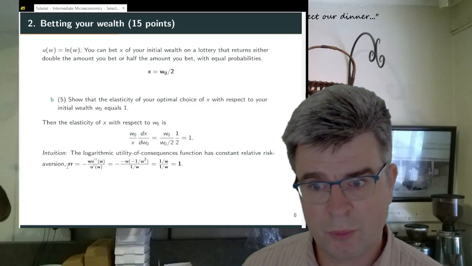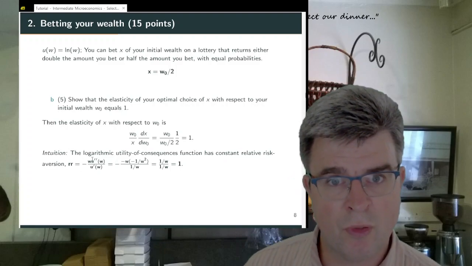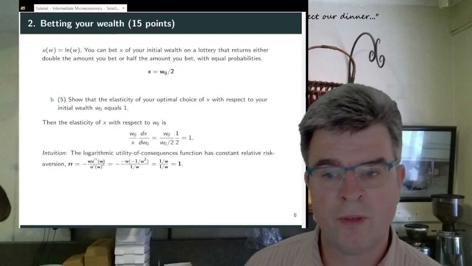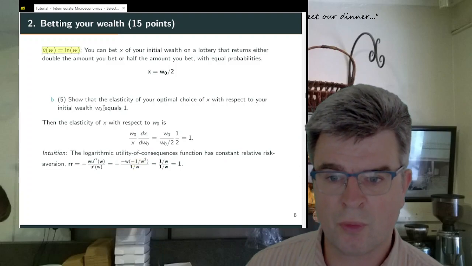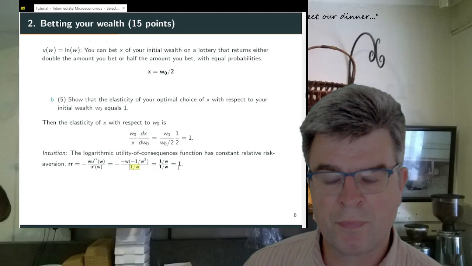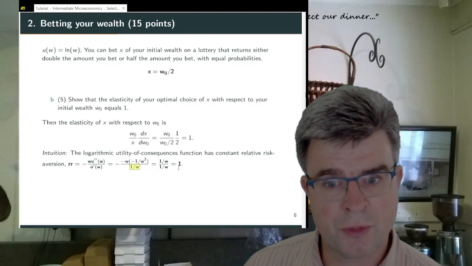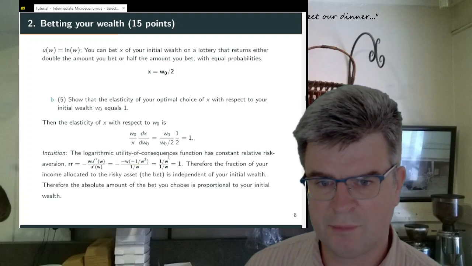So from the lecture you have the definition of relative risk aversion, which is the negative of our wealth times the second derivative of the utility function with respect to wealth divided by the first derivative. And if you take the second derivative, you get this expression. The first derivative of the natural logarithm is 1 over w. So we get that our rate of relative risk aversion is constant and equal to 1 in this case.